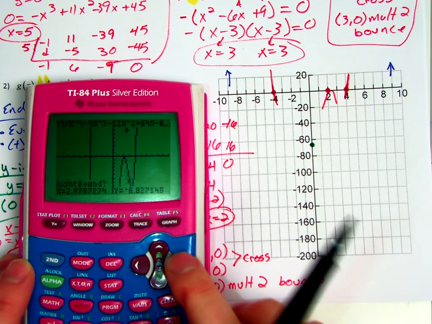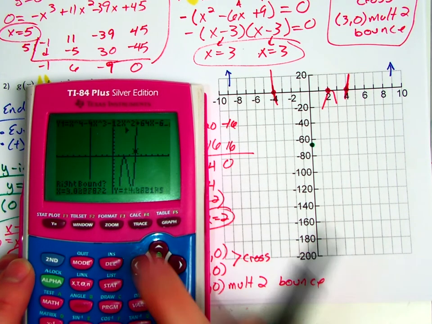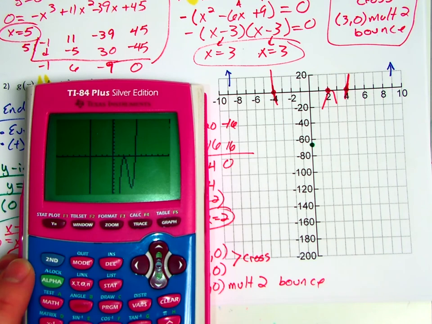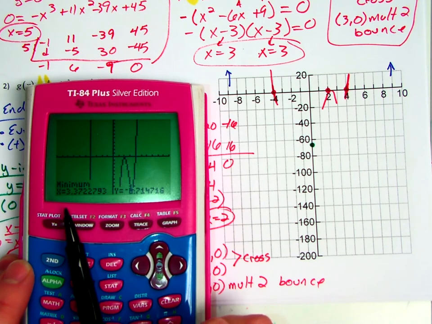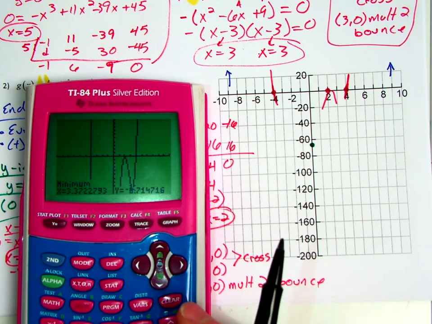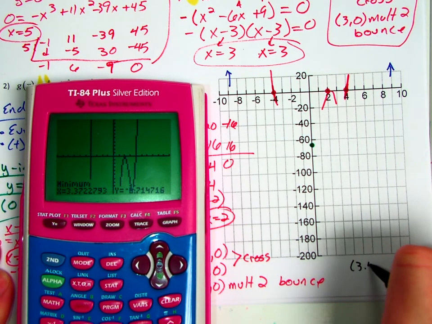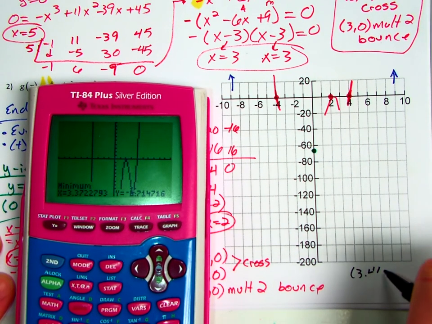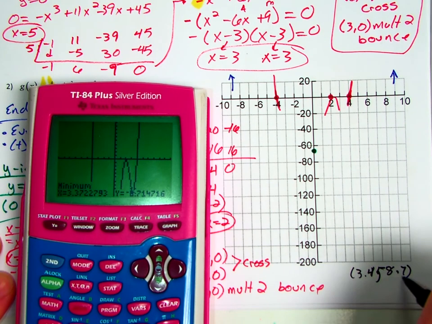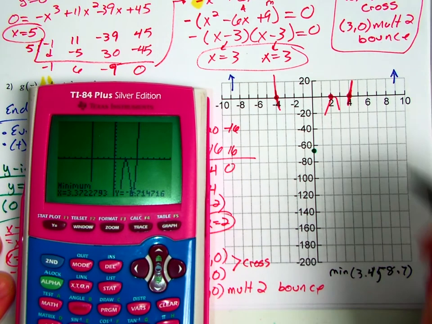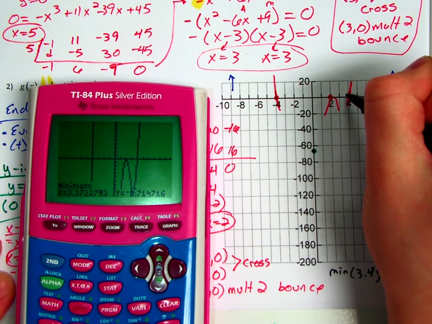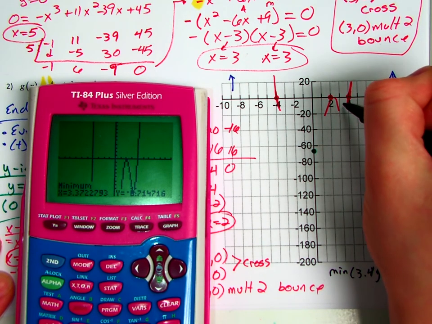So there's to the left, to the right, 3.3 and, well, 3.37. So we'll say 3.4, comma, negative 8.7, and this is a minimum. So (3.4, -8.7) would be kind of here-ish.